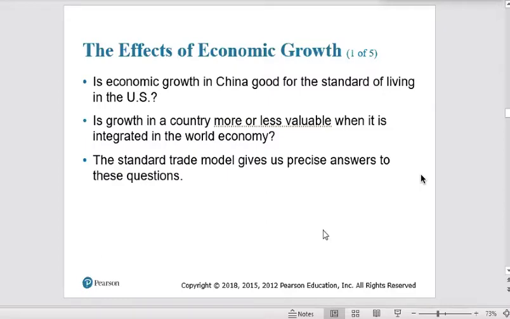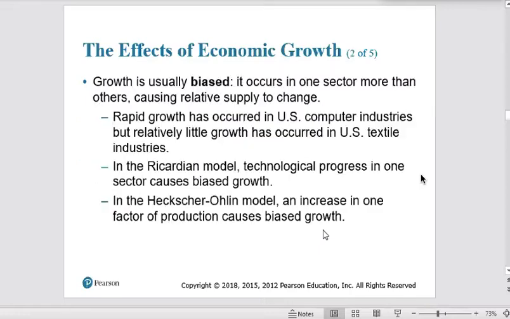We are going to look at these questions in the following slides. Okay, so what we have learned so far in our standard trade model will give us the precise answer to these two questions. Let's take a look at how it will be answered, using what we have learned.